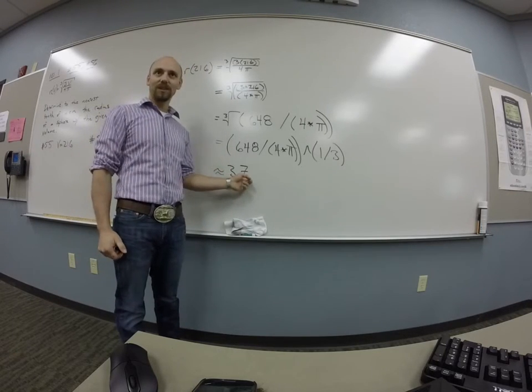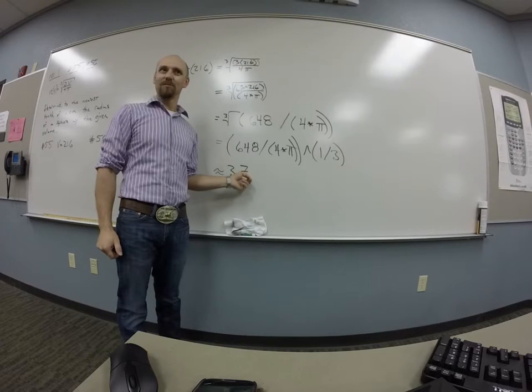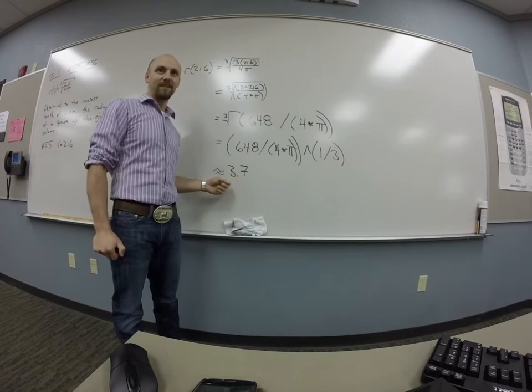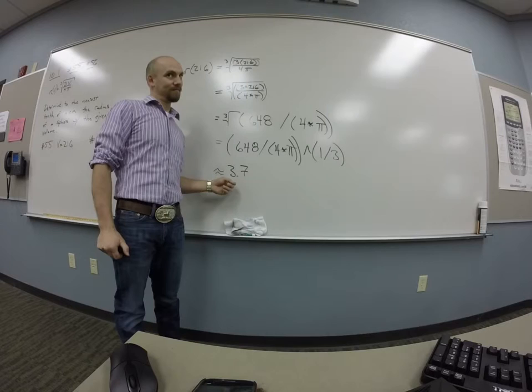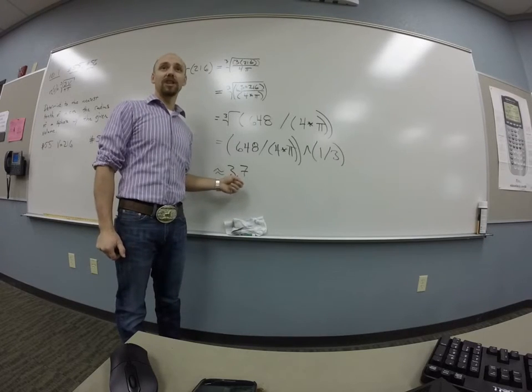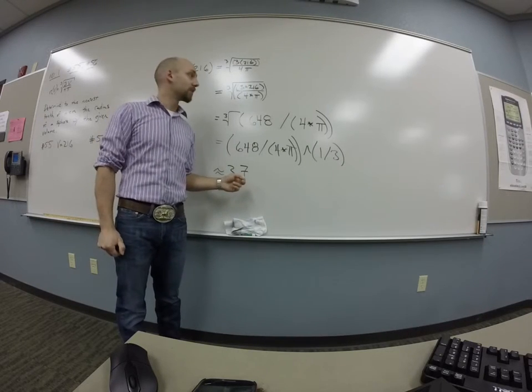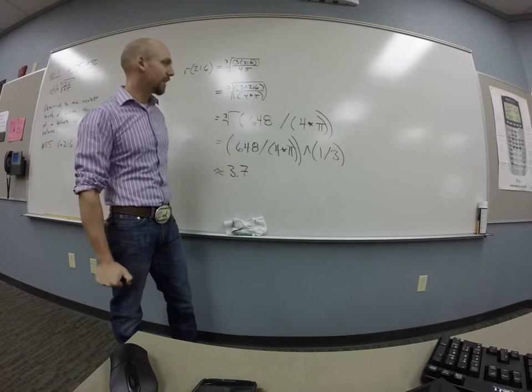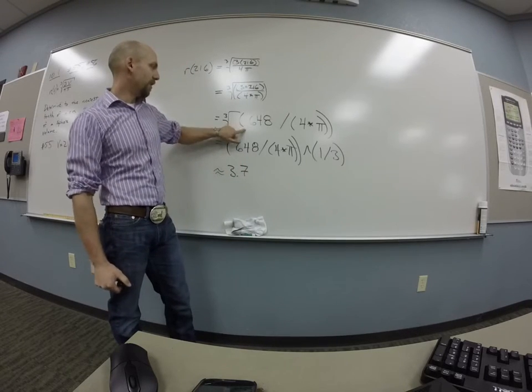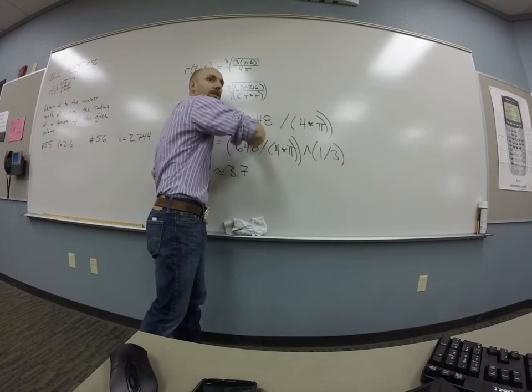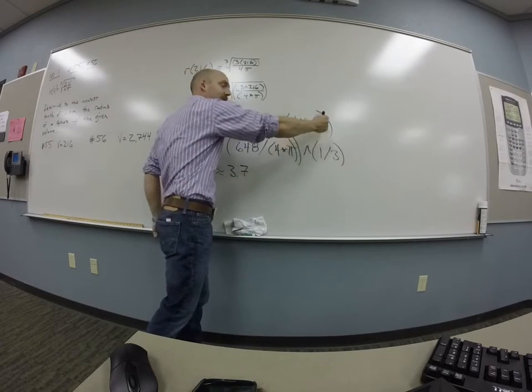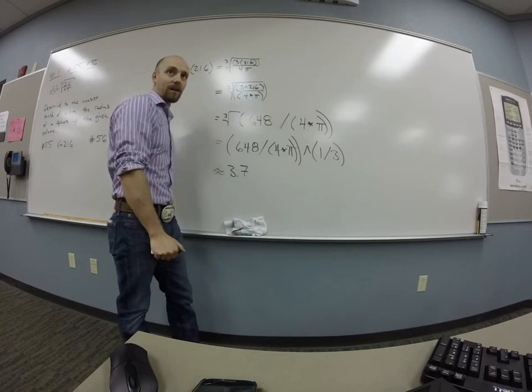Are we getting 3.7? Some of us aren't. I got 3.7 and 7.9 when I typed in with different parentheses. Yeah, so it's going to give you different answers based on different parentheses, right? So on this one, I need the cube root, parenthesis, and then 648 divided by parentheses of 4 times pi.